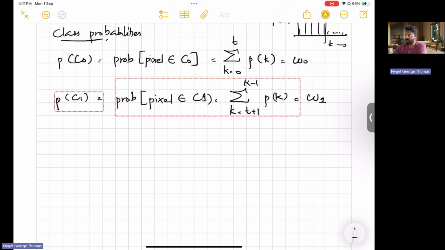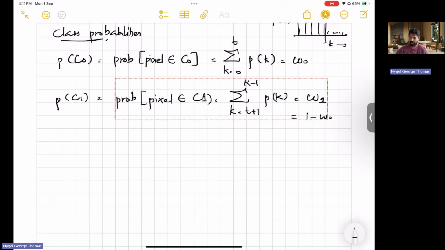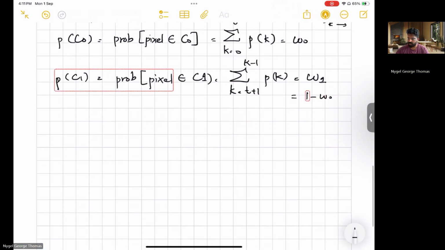We call this omega 1. So here we've defined both class probabilities for class 0 and class 1. The total probability is 1, because either it has to belong to class 0 or class 1. Omega 1 is also equal to 1 minus omega 0. Okay.